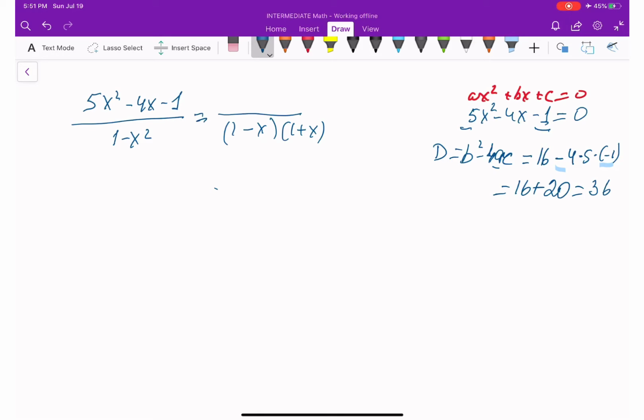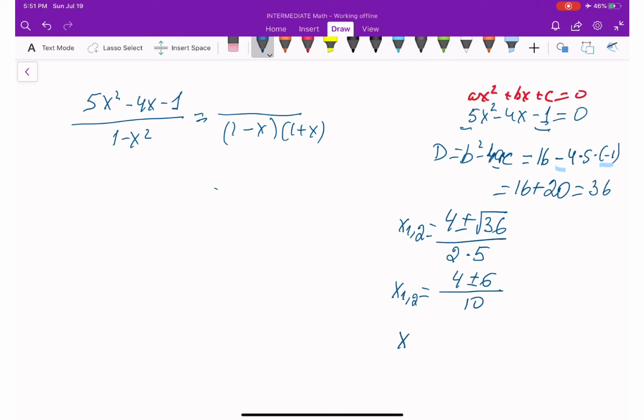Next, we need to find x1,2, which is equal to negative b. My b is negative 4, so negative b will be positive 4, plus minus the square root of the discriminant, which is 36, over 2 times a, and a is 5. So from here, x1,2 is equal to 4 plus minus the square root of 36, which is 6, over 10.